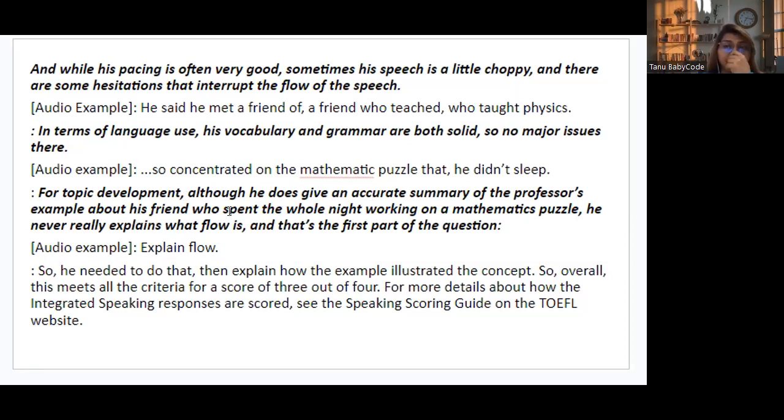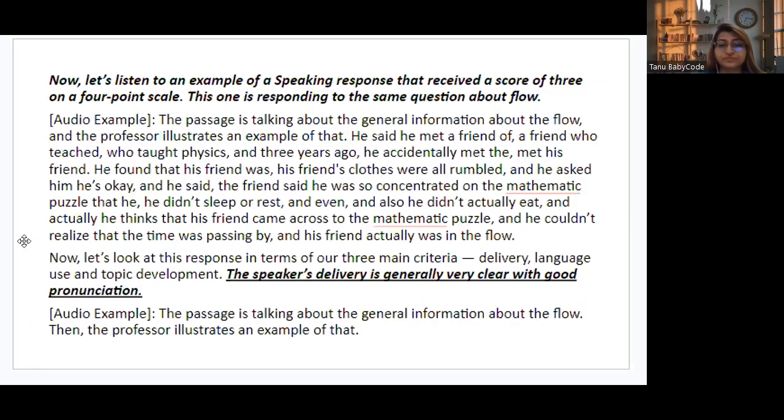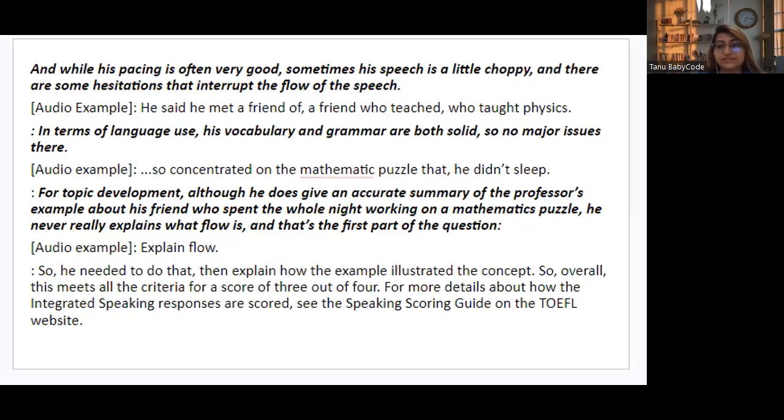He never really explained what the flow is. So he missed out on the first part of the question, flow. The first part was flow and then the professor's example to illustrate. So he needed to explain the flow, right? Then he needed to explain how the example illustrated the concept.